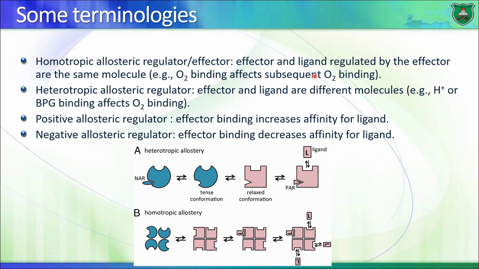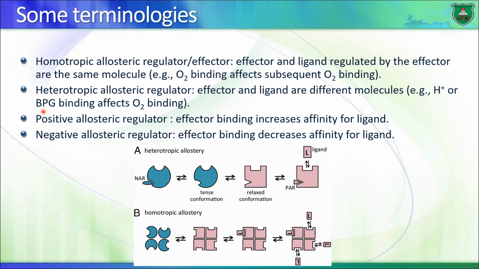It stimulates, it induces, it makes it easier for a second oxygen molecule to bind. So the effector is the same as the ligand, and we say that this is a homotropic allosteric regulator. Now, next lecture, we'll be talking about other regulators like protons, bisphosphoglycerate, and so on.